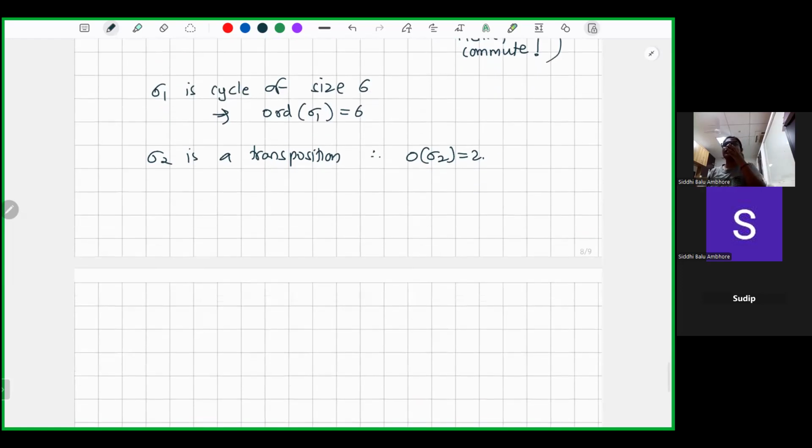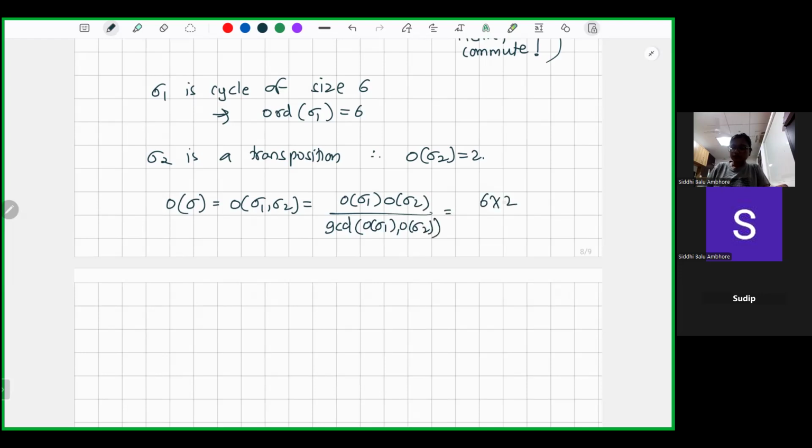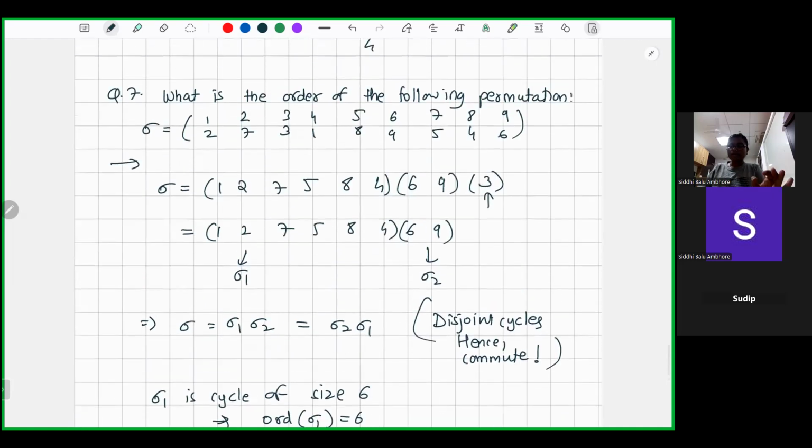I now have two elements of finite order which are commuting, so I can use this formula, right? The order of sigma 1 sigma 2 will be the order of sigma 1 times the order of sigma 2 divided by the GCD of the order of sigma 1 and the order of sigma 2. This will be 6 into 2 by 2, which is 6. So the answer here is 6.